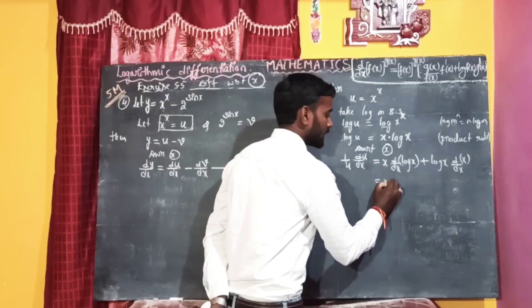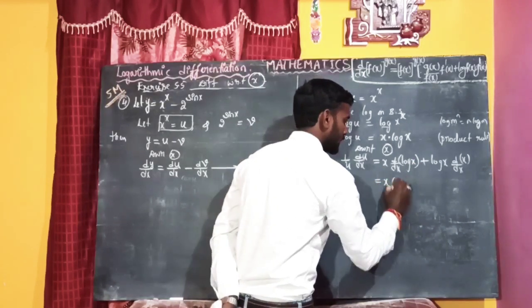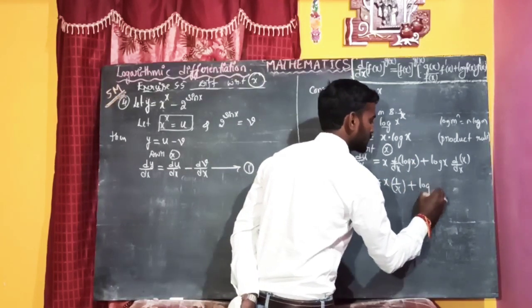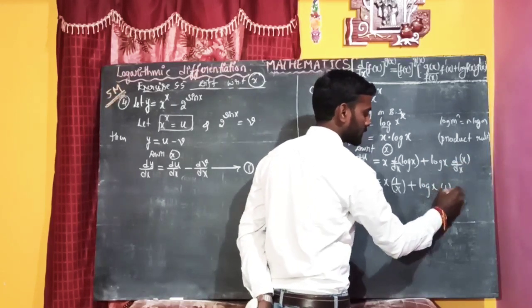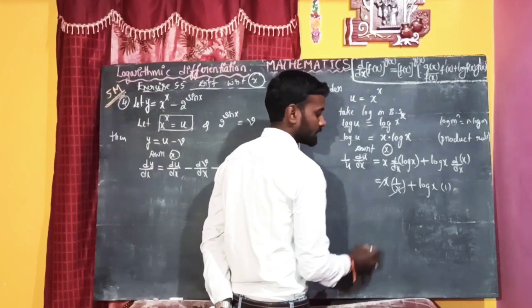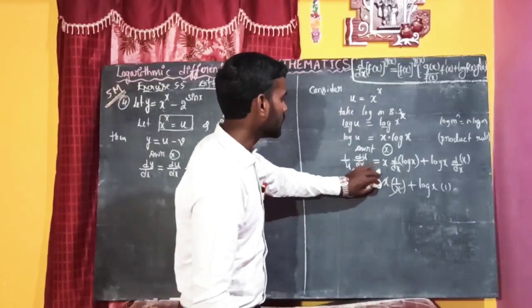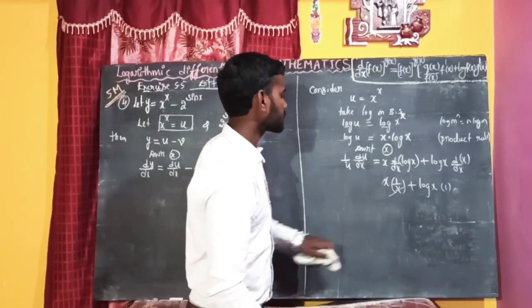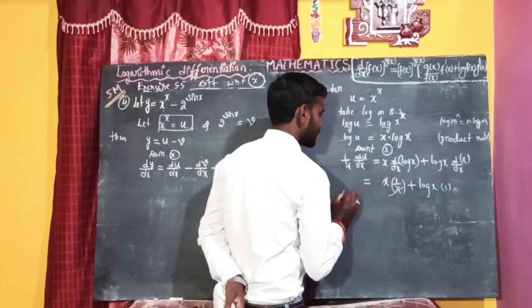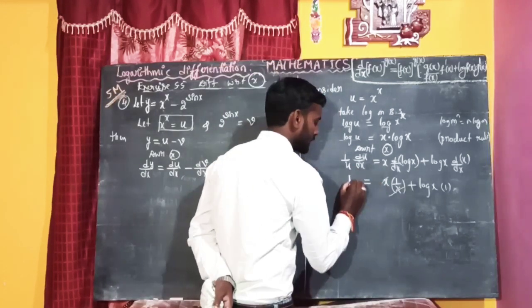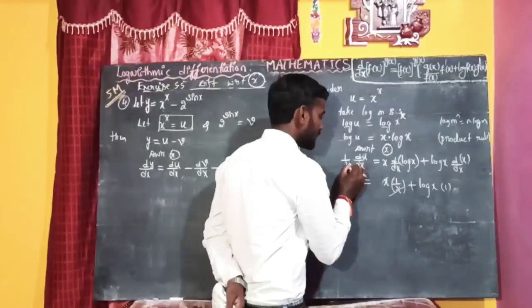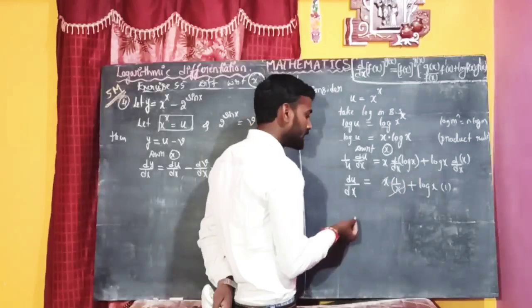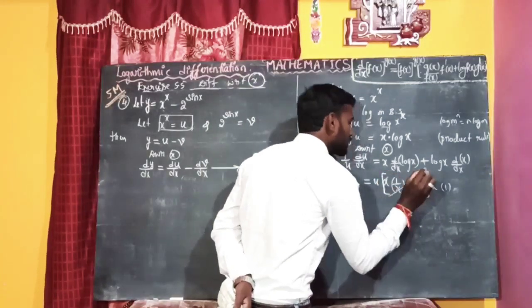Here x into derivative of log x is 1 by x plus log x into derivative of x with respect to x, means dx by dx, that means 1. Here x gets cancelled. If I shift this u to the right hand side, then here it becomes du by dx. If I shift this 1 by u to the right hand side, then u becomes the numerator.